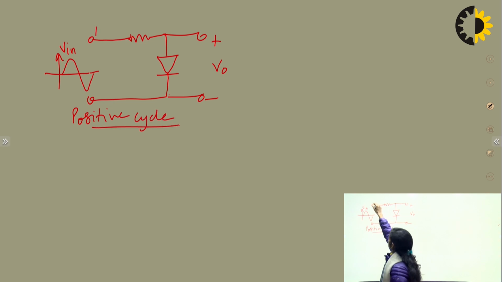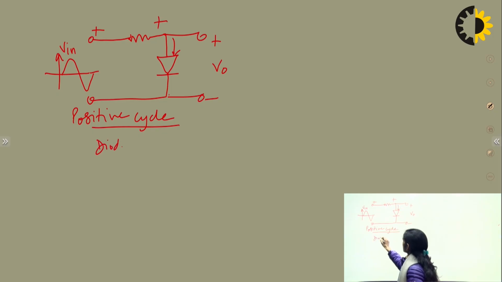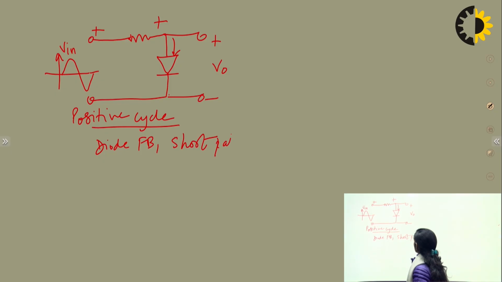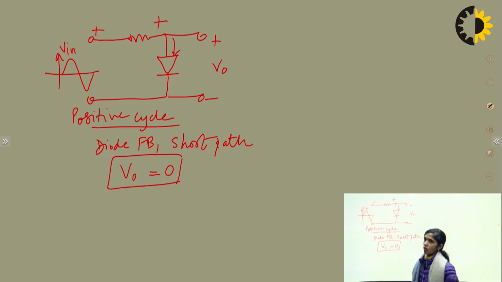For the positive cycle, this diode will be forward biased. If the diode is forward biased, it is replaced by which path? Short path. So the Vout across the diode will be 0 volt, because the output at the short path will be 0 volt. So the output for the positive cycle will be 0 volt. So we can say the positive cycle is clipped here.